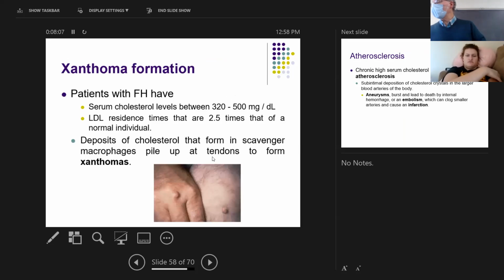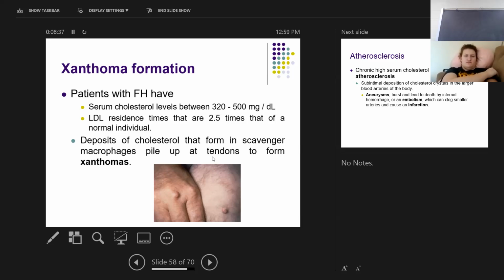If you have familial hypercholesterolemia, your serum cholesterol levels are very high. Serum cholesterol levels should be below 200. That's total serum cholesterol. Also, LDL residence time in these individuals is close to 3 times what it is in a normal individual.